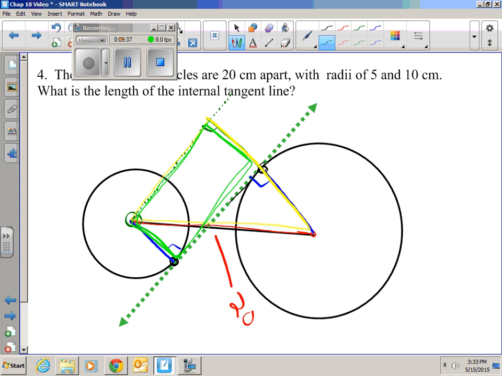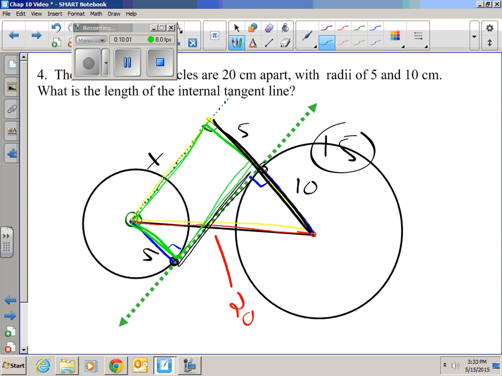I'm looking for that length right here, which is also that length right there. I also know my radii. This radius is 10. This radius is 5. This radius is also 5, which means the total length of this side of my triangle is 15, right?